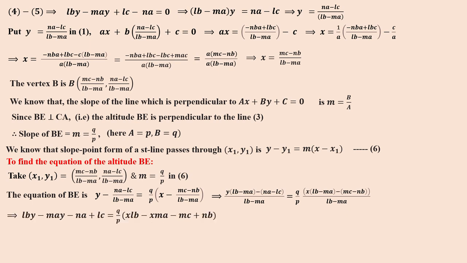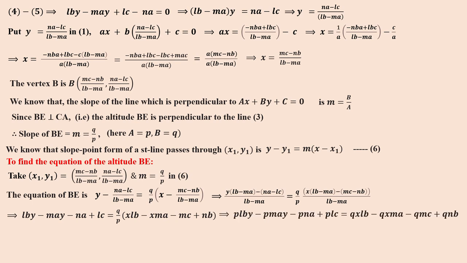This implies, the right hand side LCM equals the left hand side LCM, so both get cancelled. The remaining terms: multiply with y, LBy − MAy − NA plus LC, equals, on the left hand side, Q by P, xLB − xMA − MC plus NB.